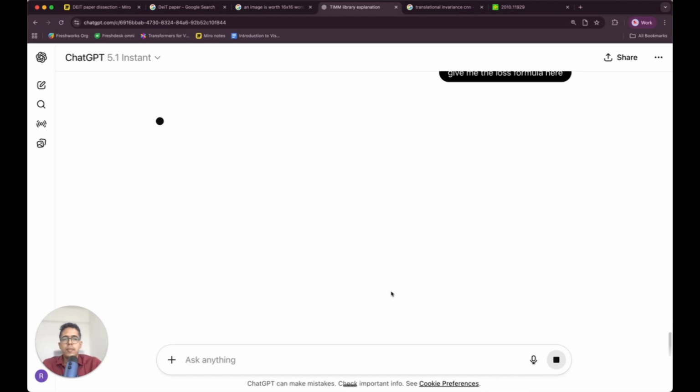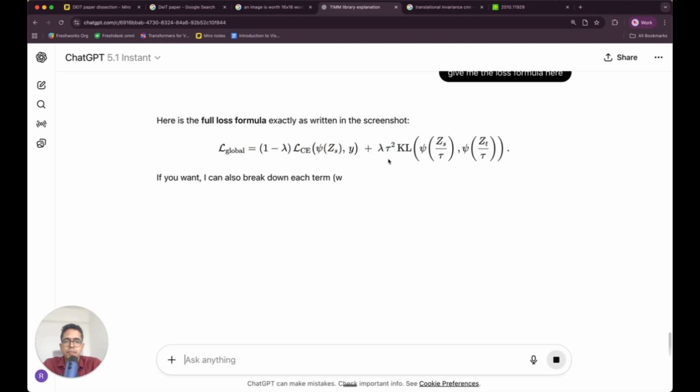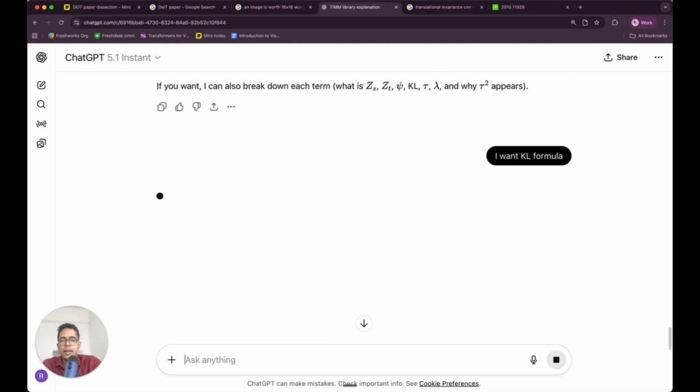So first one will be summation of a negative logarithm. Second one is also a logarithm, but there is a fraction: negative logarithm of softmax probability of the ratio of teacher to student. But let's look at the formula here. Yes, I want to break down the KL formula, KL divergence formula.